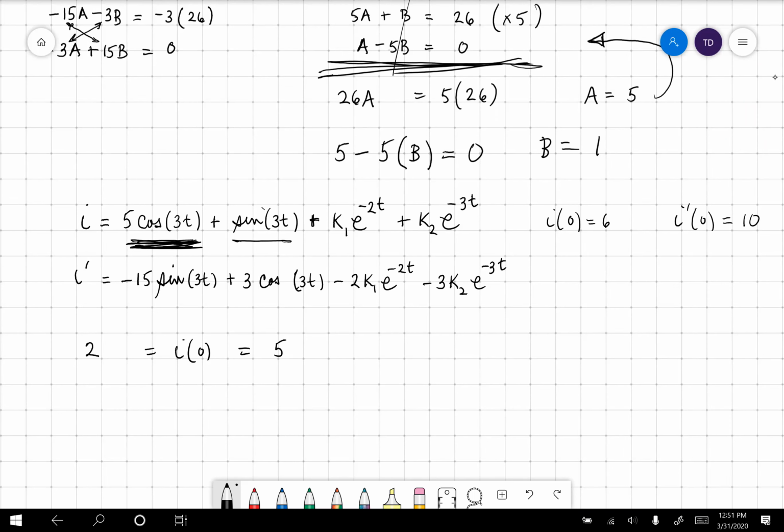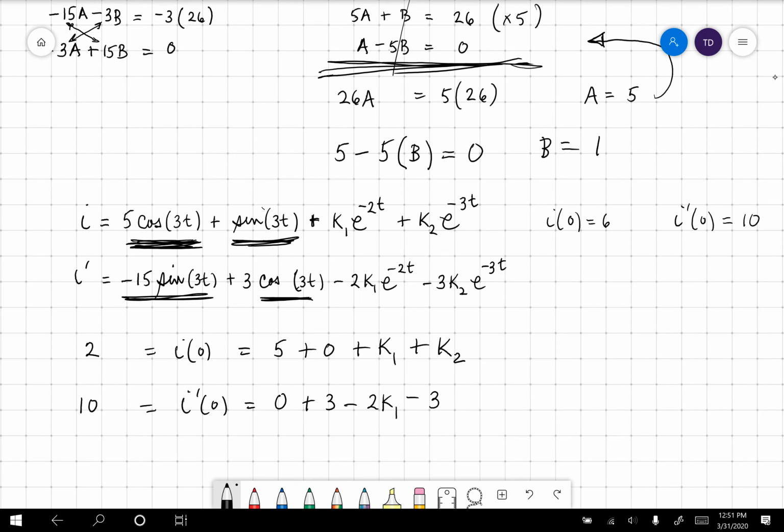So 5 from this one, 0 from that, plus K1 from the next term, plus K2. You see this repetitive thing happening over and over again. I prime at 0 is equal to 10, and that is equal to 0 plus 3 minus 2K1 minus 3K2.